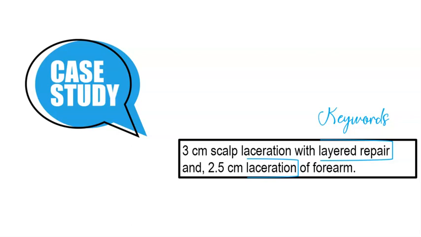The keywords are outlined here for you. Would you say this is an intermediate wound repair? Could there be two complexities of repairs in this scenario? Think about it before I give you the answer.